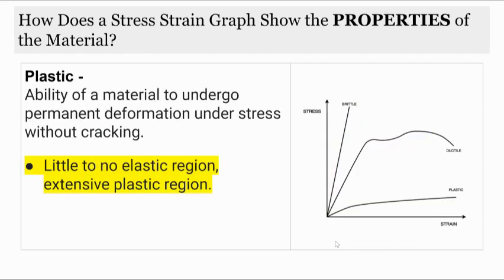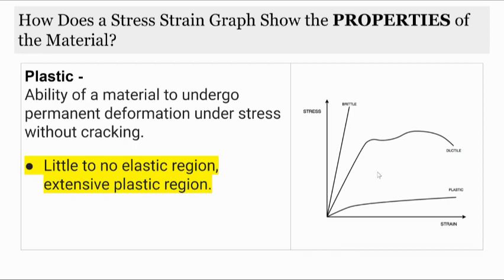When we refer to plastic, we're referring to the ability of a material to undergo permanent deformation under the stress curve without cracking. In other words, if something is plastic, it has little to no elastic region, very little linear region, but an extensive plastic region.